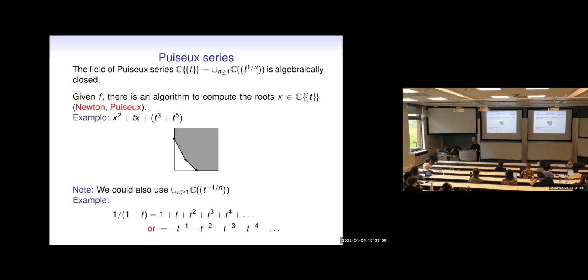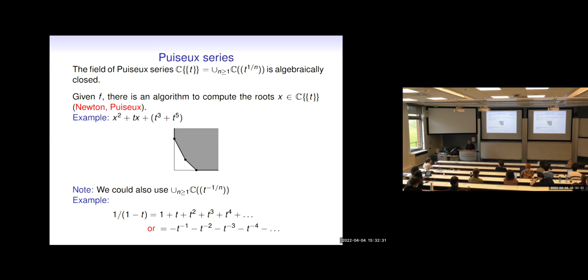If you think about 1 over 1 minus t as a formal power series, we all would automatically say this is 1 plus t plus t squared plus t cubed, etc. But if you think about it, it's also minus t inverse, minus t to the -2, minus t to the -3, etc. What do I mean by that? Well, take that last line, multiply it by 1 minus t, and you'll see formally you're getting 1. So that's telling you that this is 1 over 1 minus t.